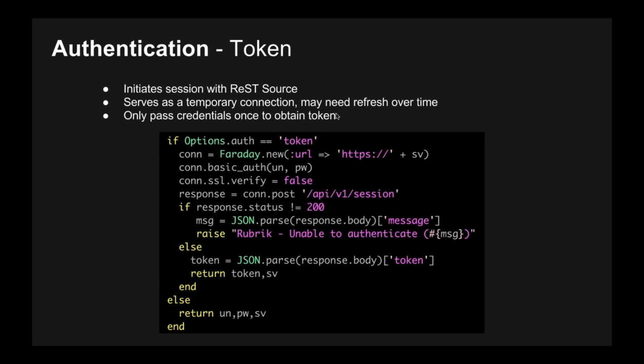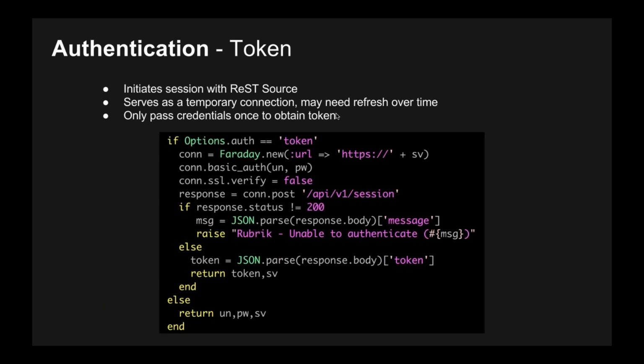And the really good thing about token auth is you're only passing your credentials at the beginning of the session, which really kind of puts a lot of minds at ease. Although, like I said on the basic slide, if you have that encryption end to end, it shouldn't be a huge concern.